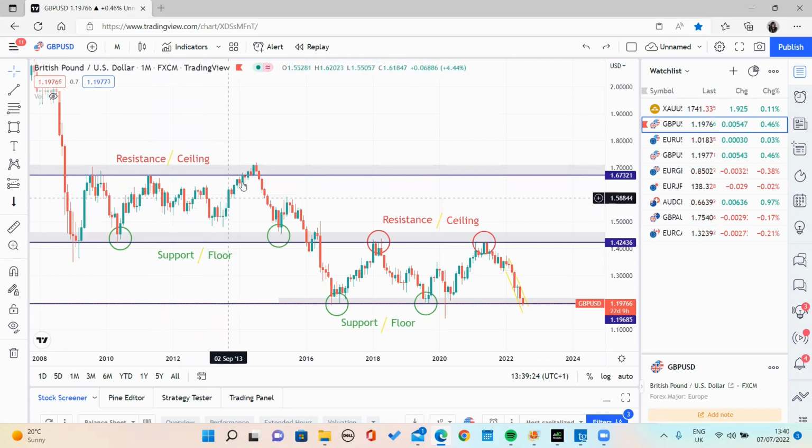We have the buyers pushing price up and breaking the line, but still within the zone. Then the sellers take control again, pushing price back down into this support level. These are the areas that traders may look at and say, this is a previous support zone, so I'm going to wait until price comes back to this area so I can get in on a buy. And that's exactly what creates these movements.